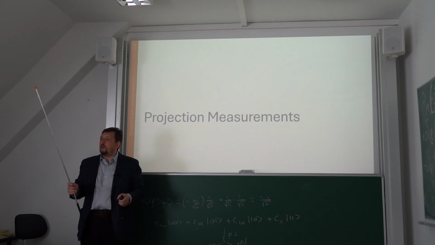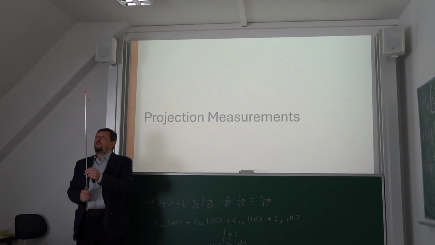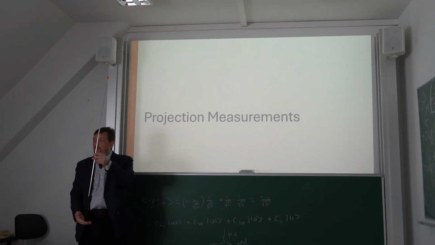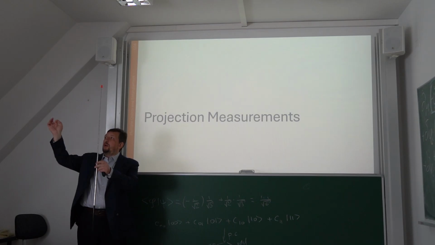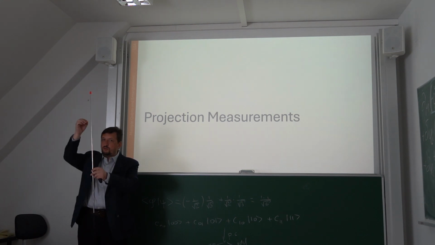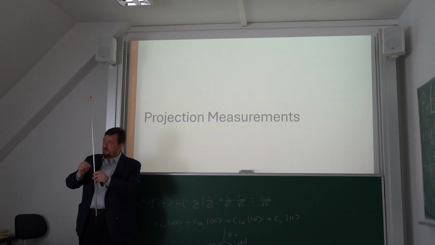For example, when we measure a qubit in the Z basis, we classically recognize state 0 and state 1. So we have a qubit on a Bloch sphere somewhere here, and we force this qubit to go into one of two states. So we project this qubit state into such a basis.